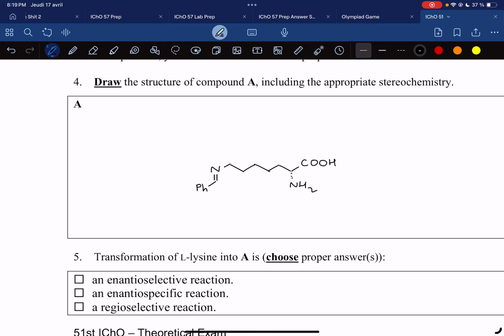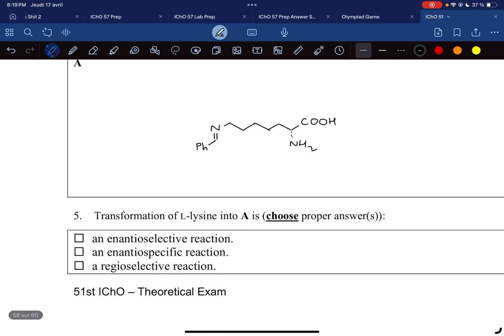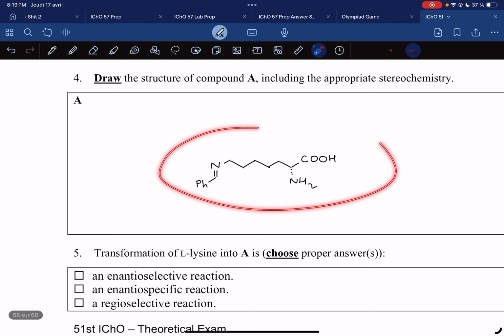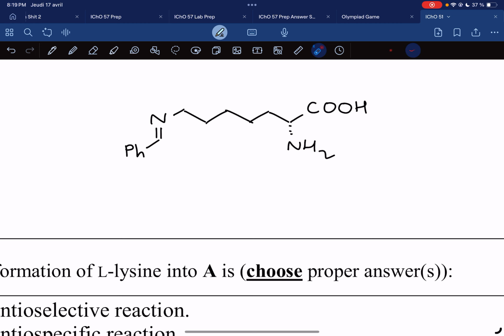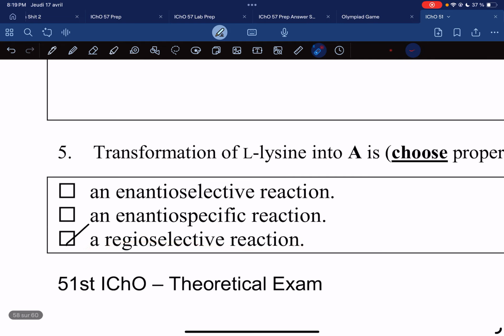Great. And next question: the transformation of lysine into compound A is a regioselective reaction because we have 2 sites that we can react. We can have it react at this amine, or we can have it react at this amine. And we chose this amine selectively, so it's a regioselective reaction.